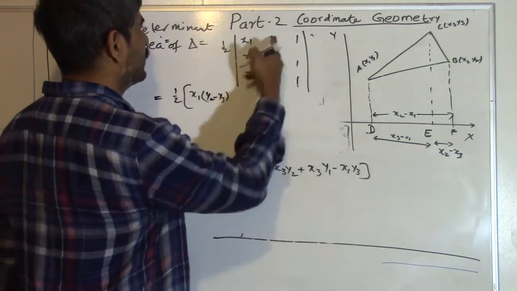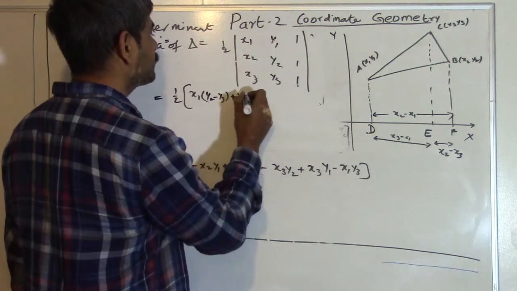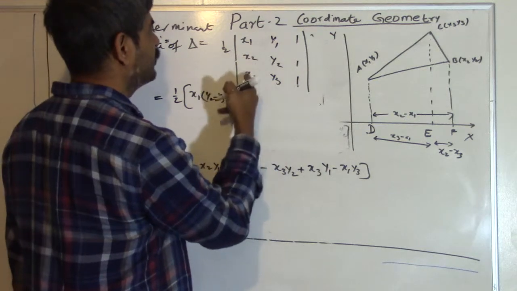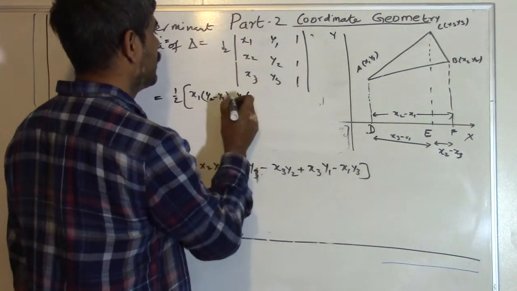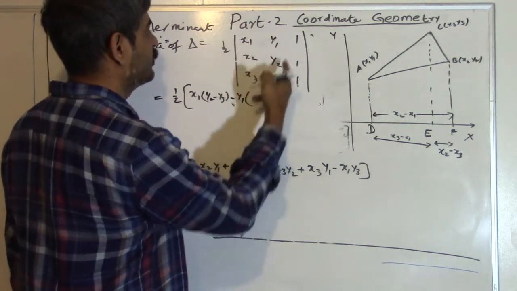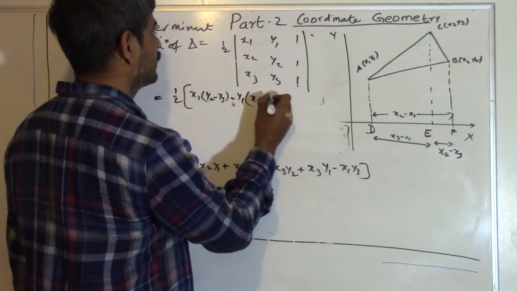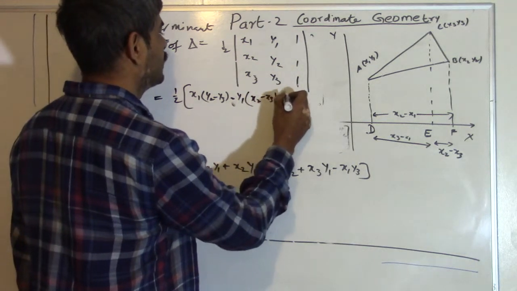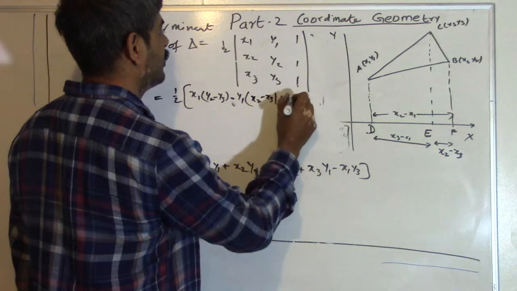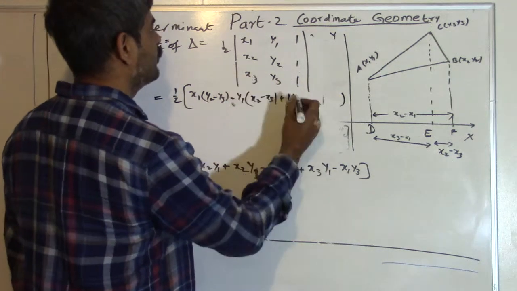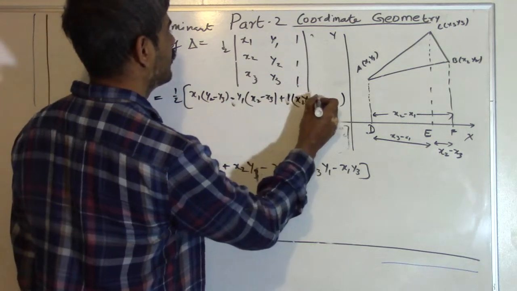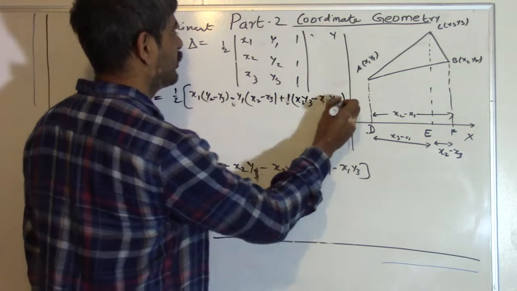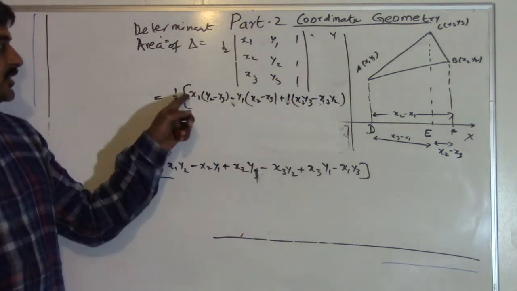If you want, and this plus y1 multiplied by x2 minus, this is minus y1 (x2 minus x3), and plus 1 multiplied by (x2 y3 minus x3 y2). If you compare this, it is the same as this.